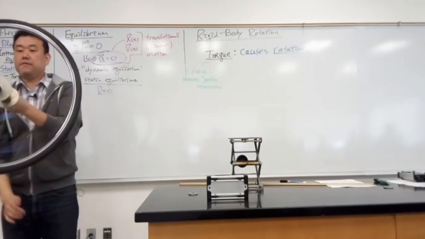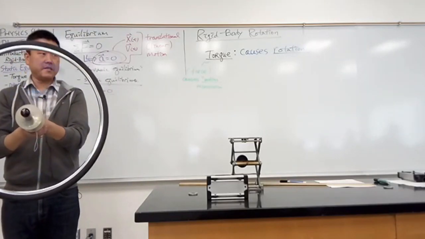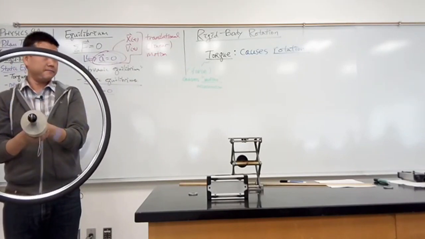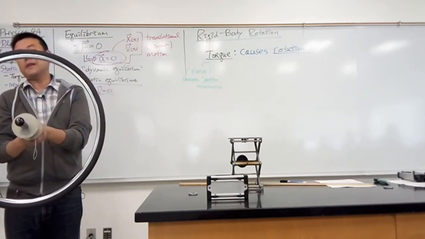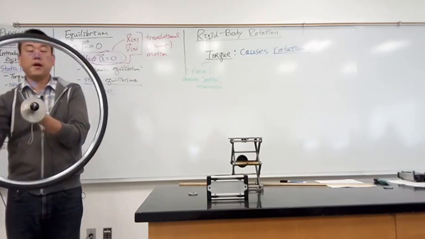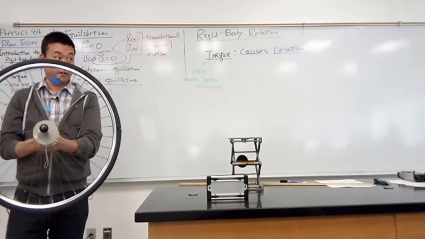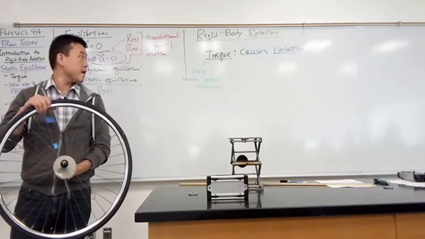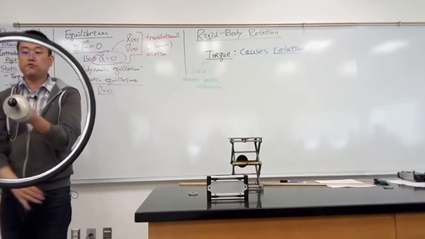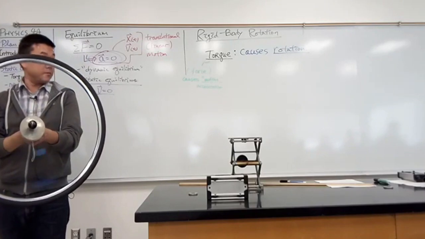And so right now, as I'm holding this bicycle wheel, is it rotating? Does it look like I'm trying to make it rotate? No, right? I'm just holding onto the axle. I'm doing the same thing I'm doing here right now. So when we say torque causes rotation, we don't mean that when something is rotating like this, that there must be torque on it.